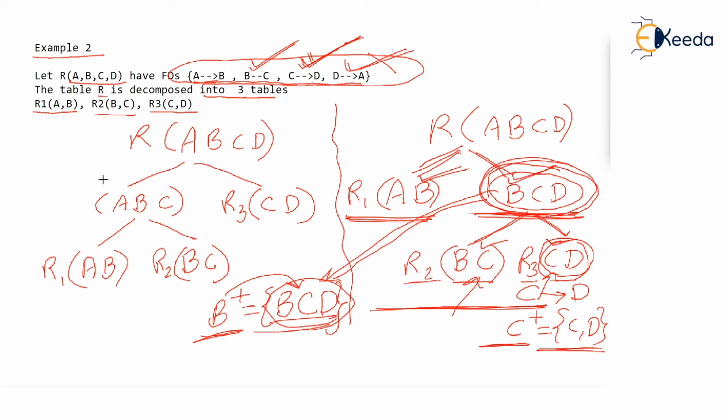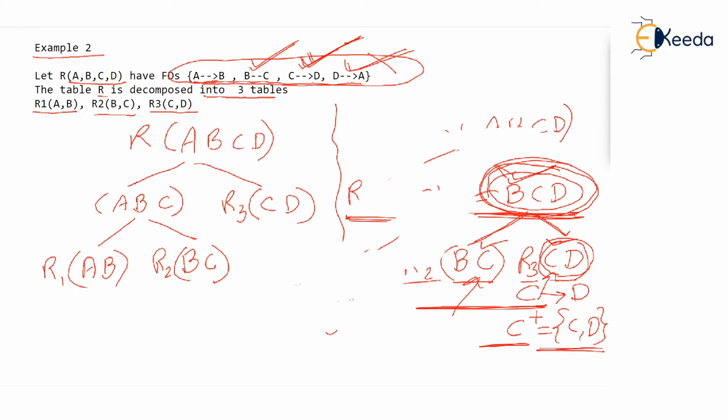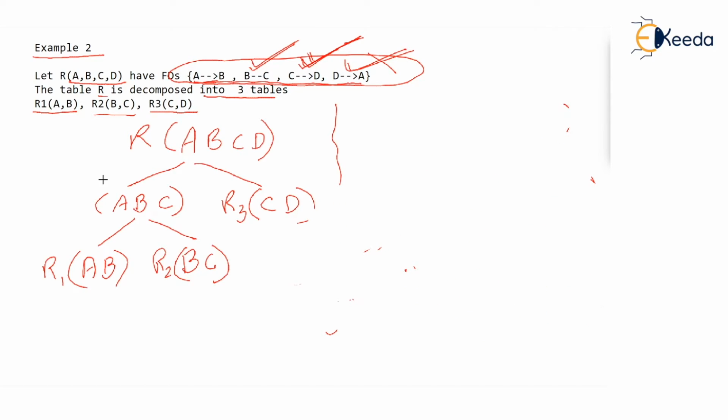The common attribute has to be a key in one of the tables, and that is enough. That means all the possible decompositions at first level and at second level are lossless. I hope you have understood this. So this decomposition is lossless. No need of checking the first possibility that has been drawn on the left hand side. Second possibility is lossless, then the first has to be lossless.